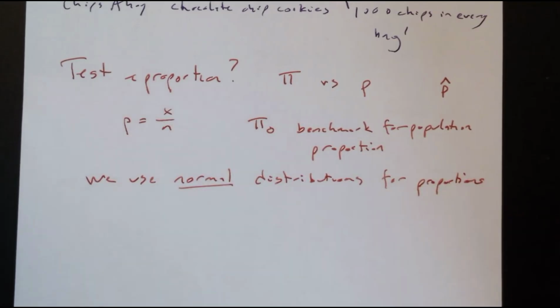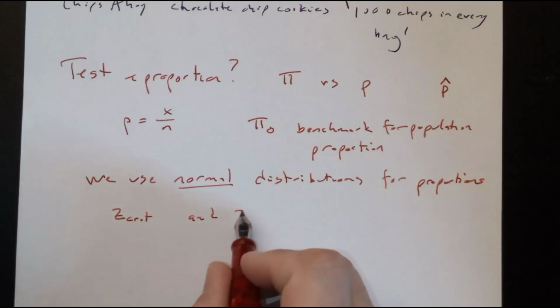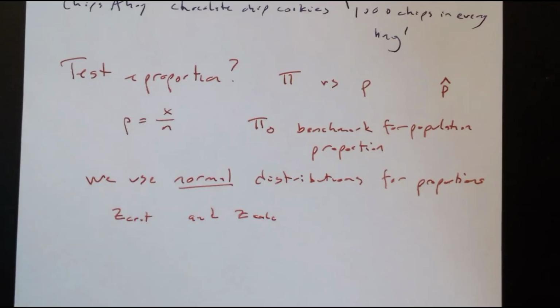And that means I'll have a Z calculated and a Z critical. Now, I have to go back and remember the formula we used for our confidence interval, because what I need is the denominator.